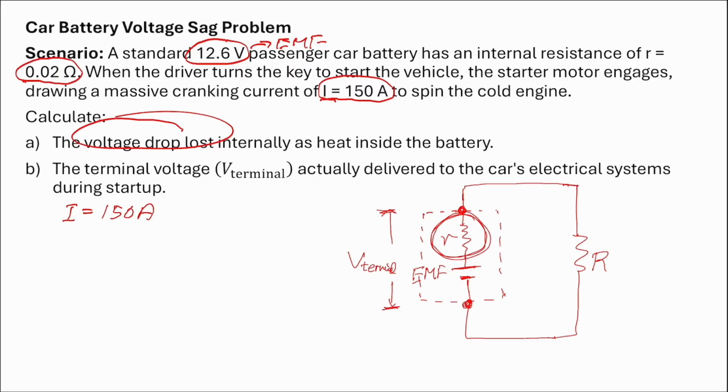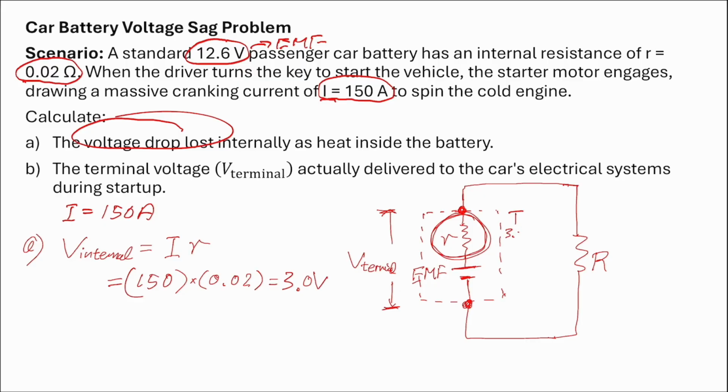So we know the I, we know the R. So the V across the internal resistance, we call it V_internal, is equal to I times the internal resistance R. So this is equal to 150 times 0.02, and you will get 3.0 volt. So here you got a 3.0 volt drop across the internal resistance.